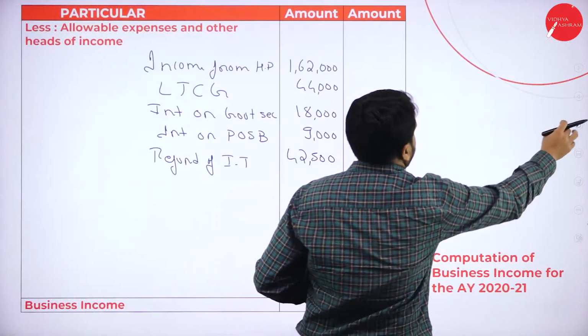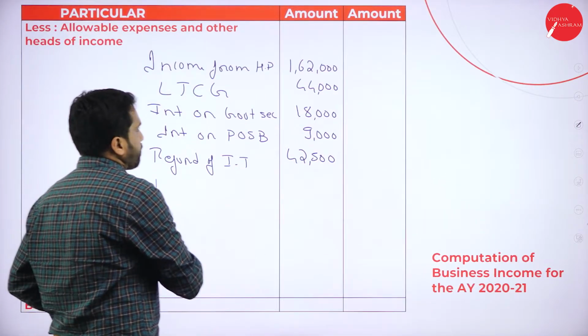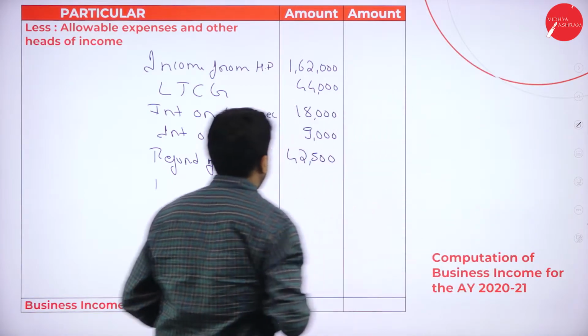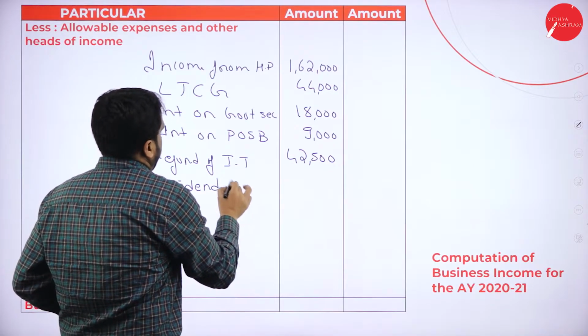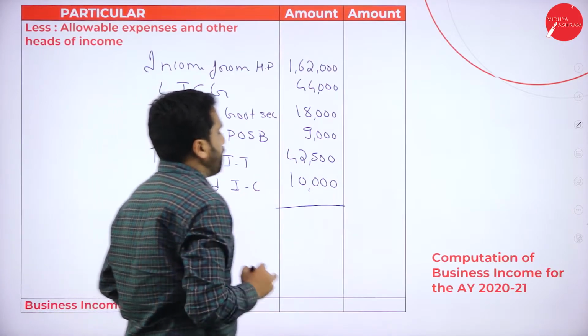Dividend from Indian company, it is 10,000. Hope we are done with everything.